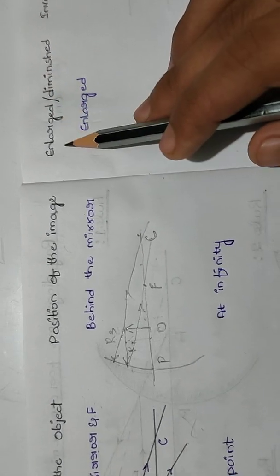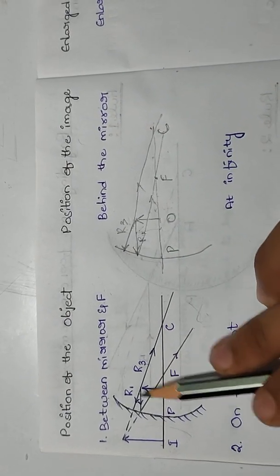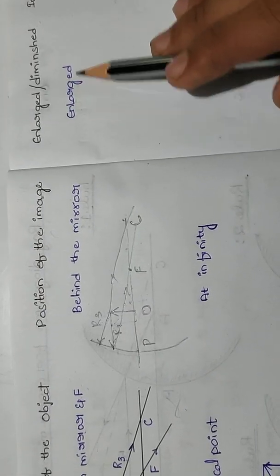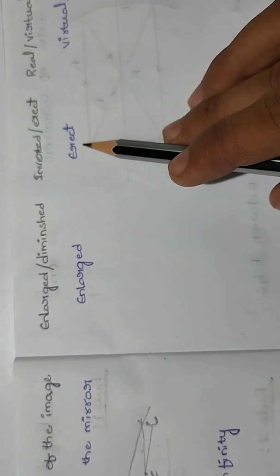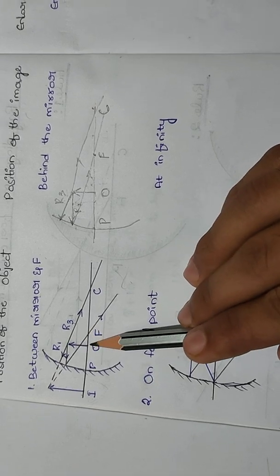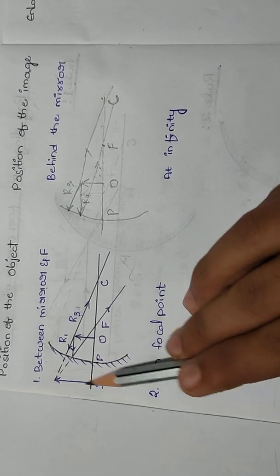Now, how would the image be, enlarged or diminished? You can clearly see the object is small but the image is larger, which means the image is enlarged, and the image is erect. Erect means straight. This arrow is pointing up, this is a straight object and the image is also straight.